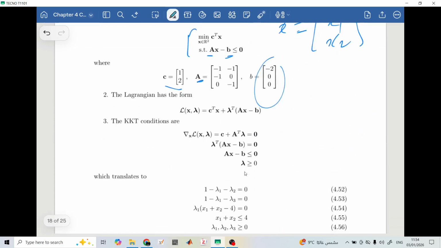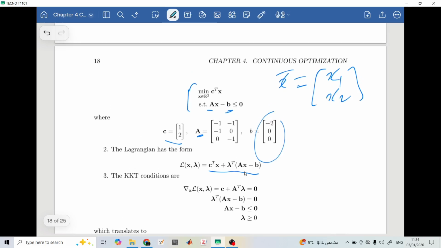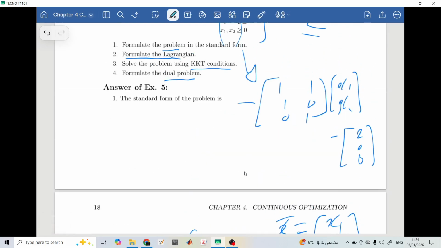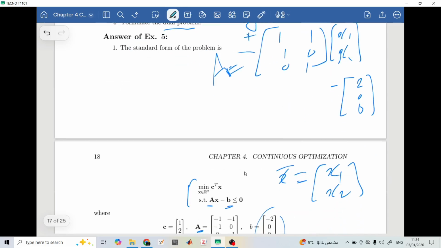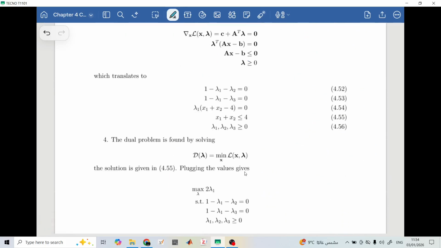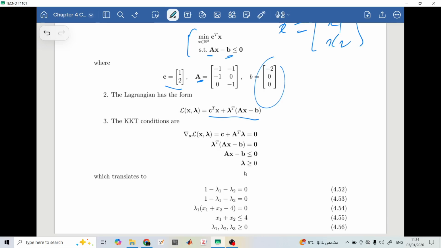So we put the Lagrangian. How many lambdas do we have? 3, because we have 3 constraints and 3 rows in A. Then we find the KKT conditions. Of course, we take the derivative with respect to x. We adopt the inequality constraints, and we have the complementary slackness, and always the inequality constraints.